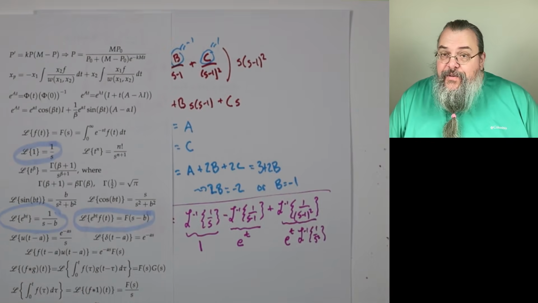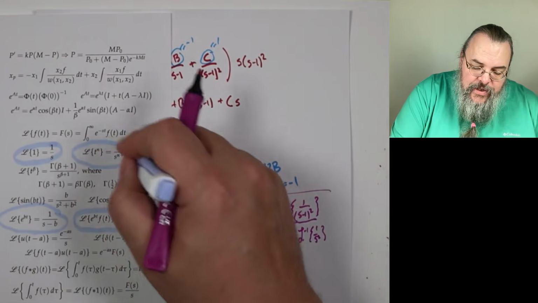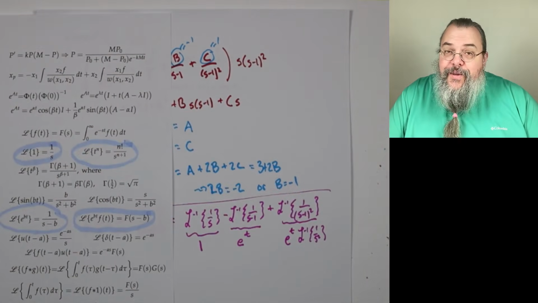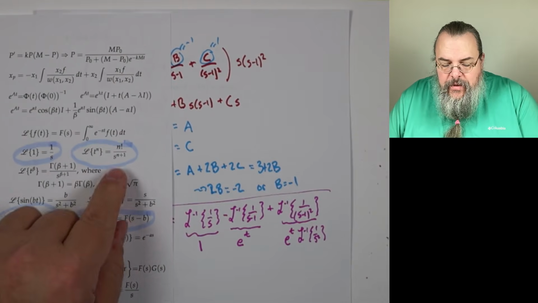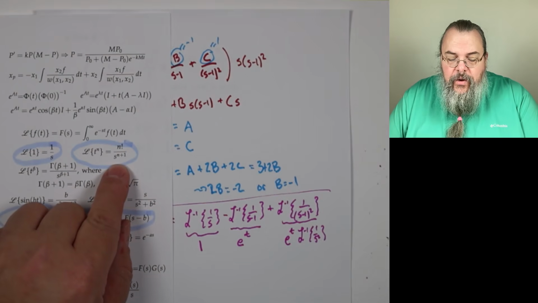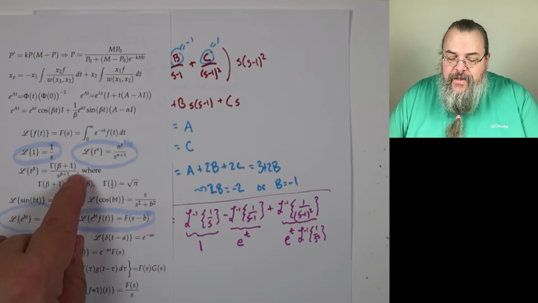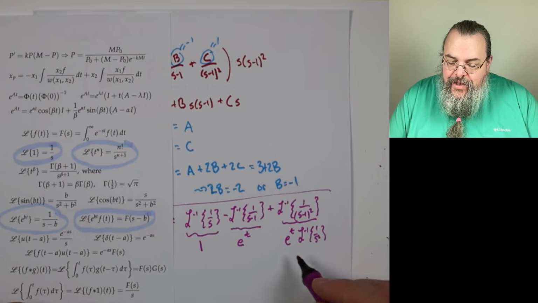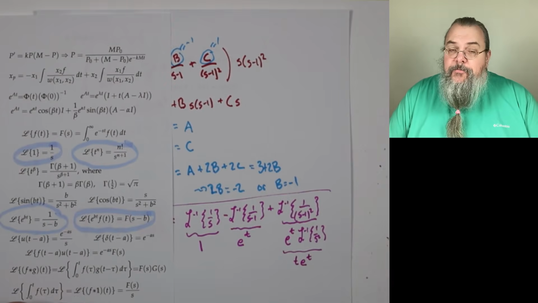But what is the Laplace inverse of 1 over s squared? Well, good news. We look at that piece on the sheet. To get s squared, you put in a 1, so 1 over s squared is the Laplace transform of t. And so this would become t e to the t.